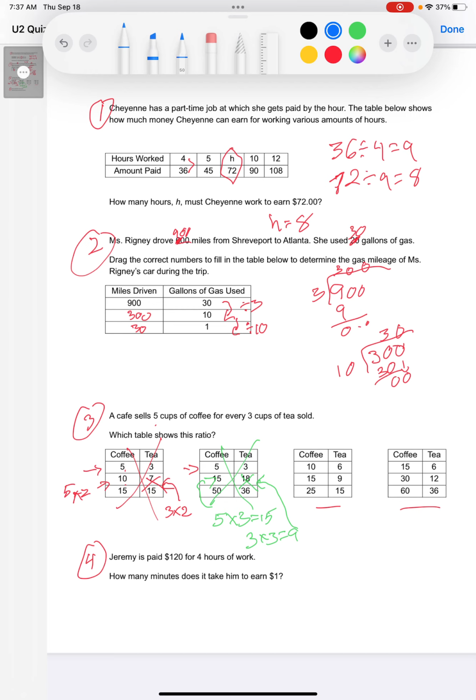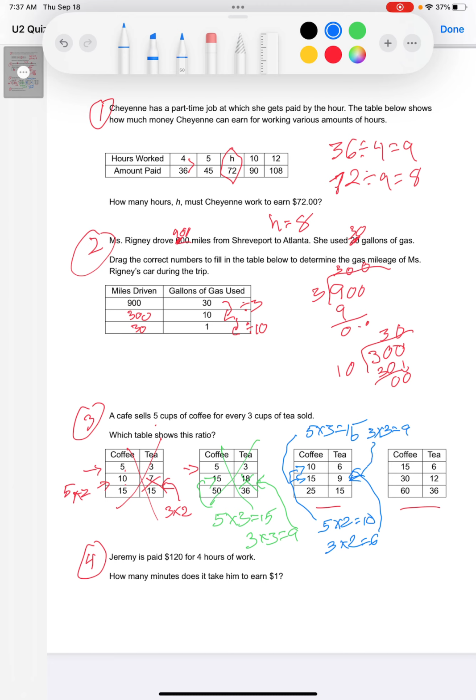So we look at this one. That's 10. Well, 5 times 2 is 10. 3 times 2 is 6. So far, so good. Then we've got 5 times 3 is 15. 3 times 3 is 9.